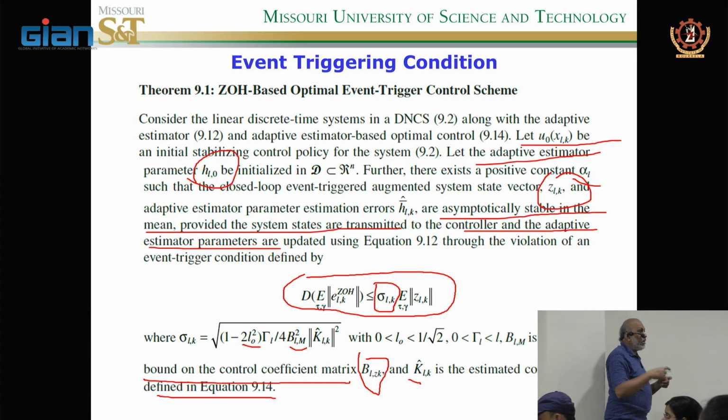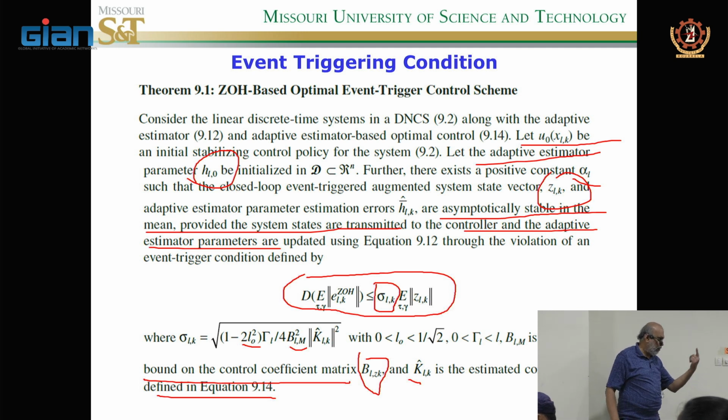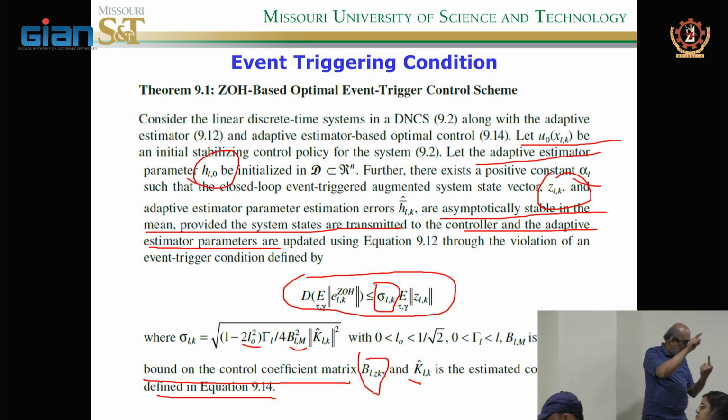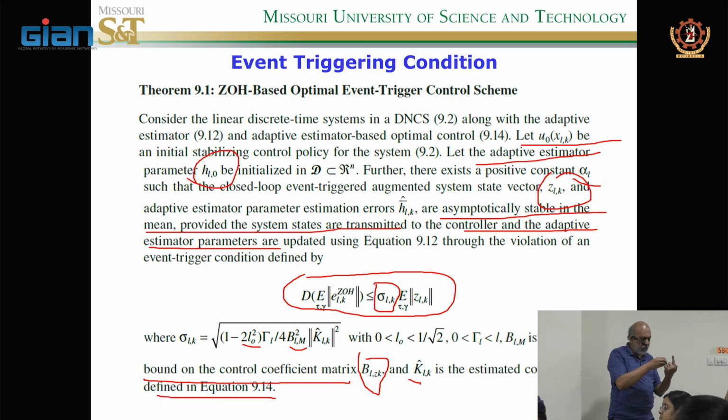Event is a function of time, but not every sampling instant. Let's say the sampling instant is 1 millisecond. Initially you may be triggering every 1 millisecond till you learn the dynamics. But once you reach the steady state, you will be triggering only once in every 15 milliseconds.